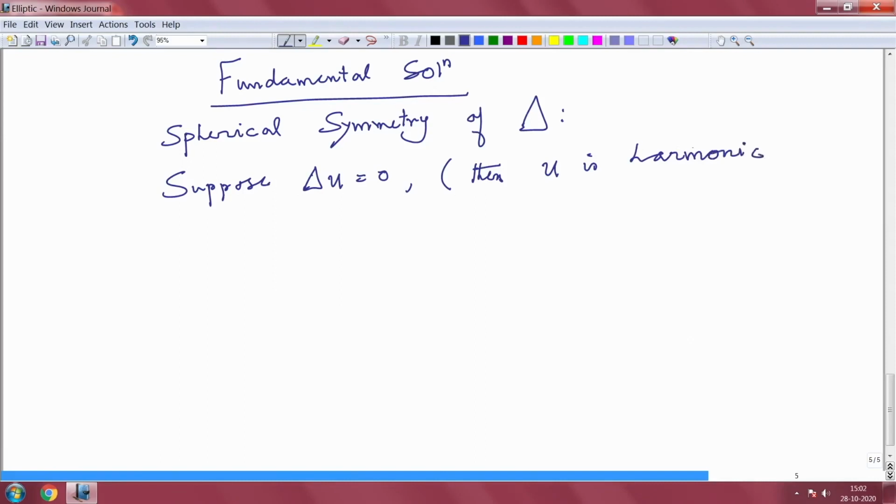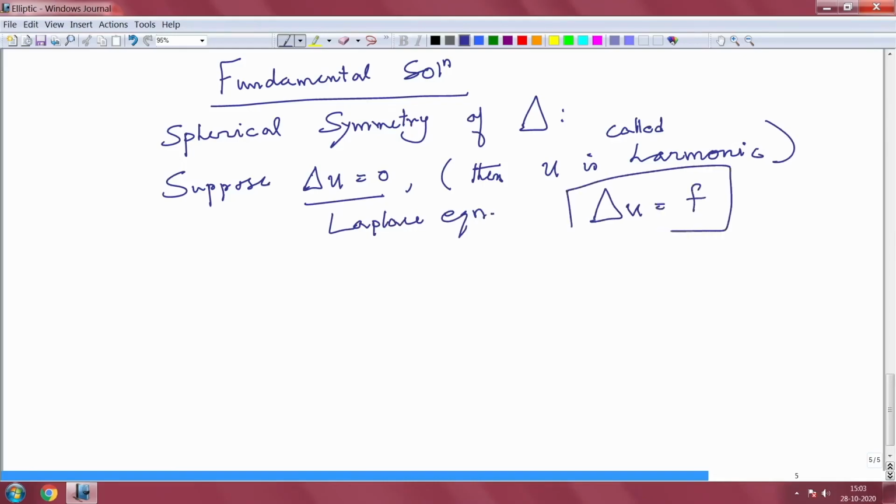Okay. U is called harmonic. And this is called the Laplace equation. Okay. So, let me set the names here. Laplace equation, and Laplacian of U equal to F is called the Poisson equation. Okay.